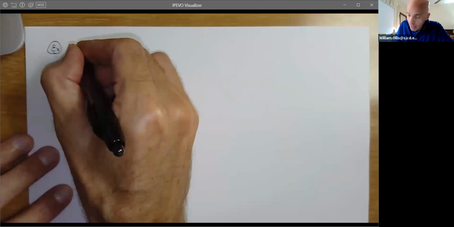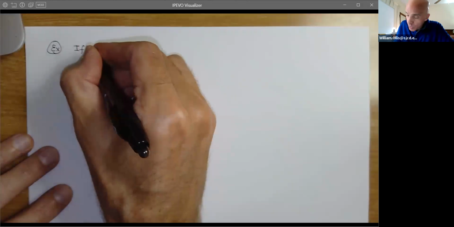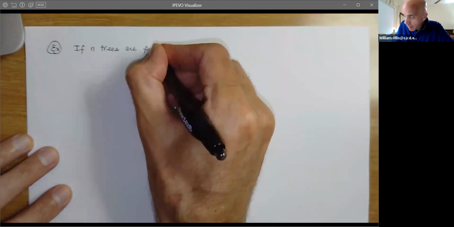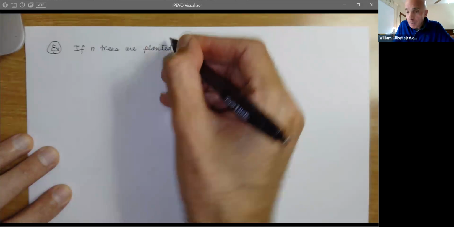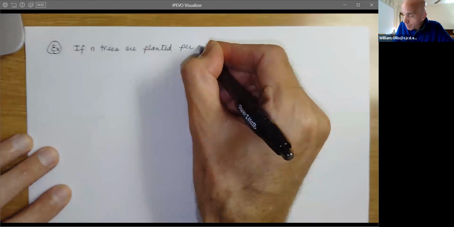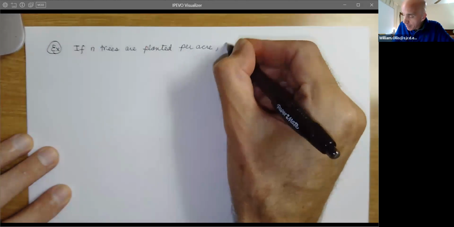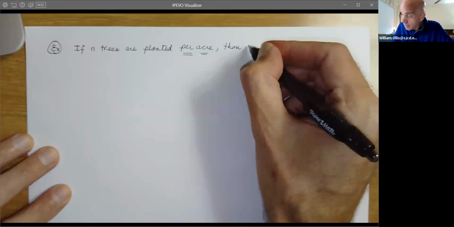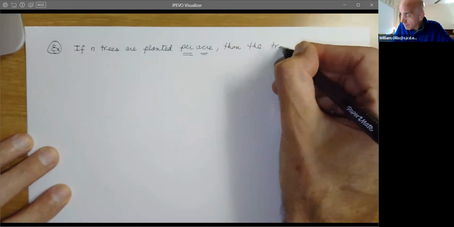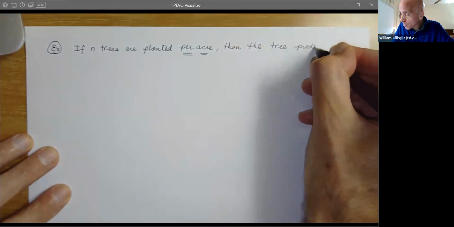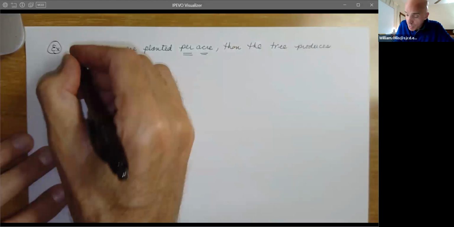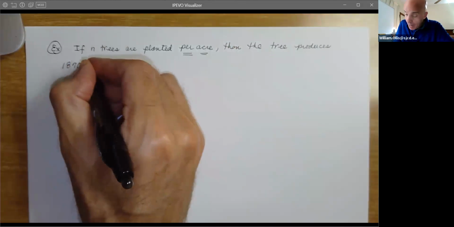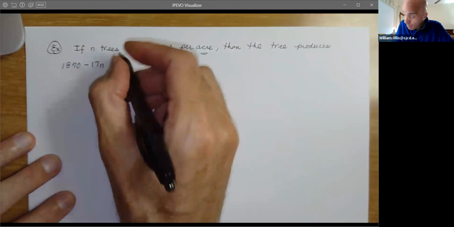It says if N trees are planted per acre, and this is important, per acre, then the trees on the acre produce this many apples: 1,870 minus 17N apples.